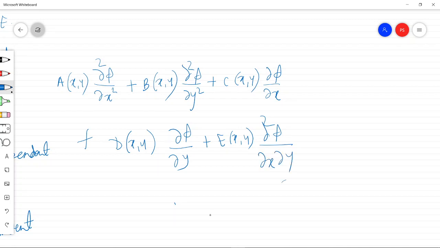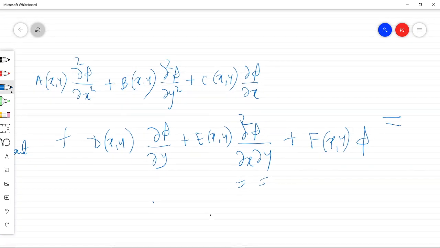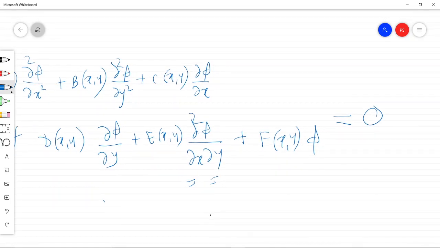Now this represents partial derivative with respect to y and then partial derivative of the same quantity with respect to x, plus the last coefficient, say f of xy, into the function itself, so into phi, equal to 0 if the equation is homogeneous, or it may also be equal to some other coefficient or function of x and y, g.